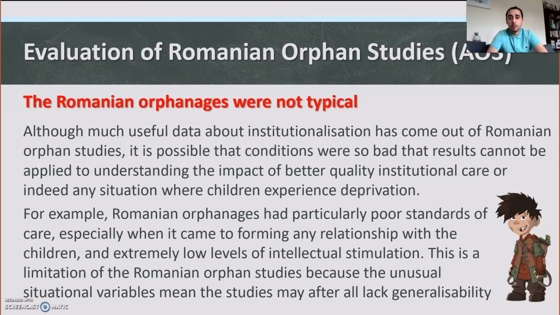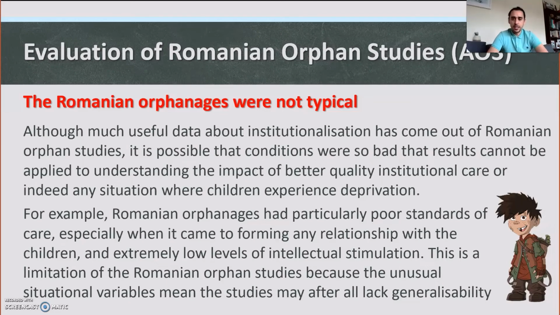For example, Romanian orphanages had particularly poor standards of care, especially when it came to forming any relationship with the children, and extremely low levels of intellectual stimulation.